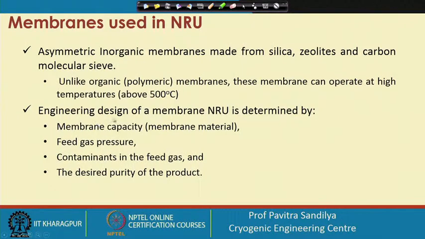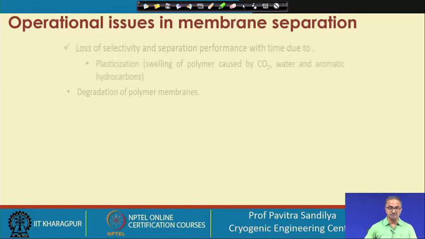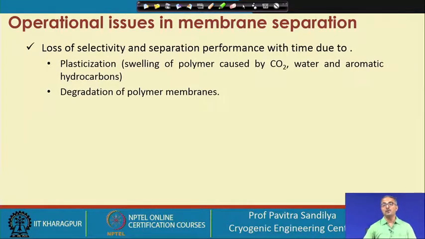And the design of this membrane NRU is determined by the membrane capacity, which is dictated by the membrane material, then the feed gas pressure, the kind of contaminants we have in the feed gas, and the desired level of purity of the product. There are some operational issues in the membrane which sometimes restrict the use of the membrane for the impurity separation.